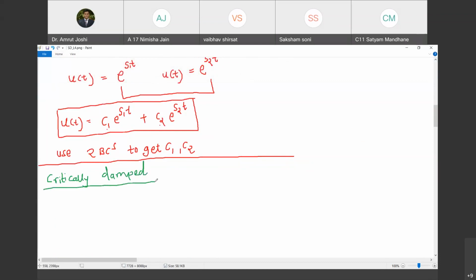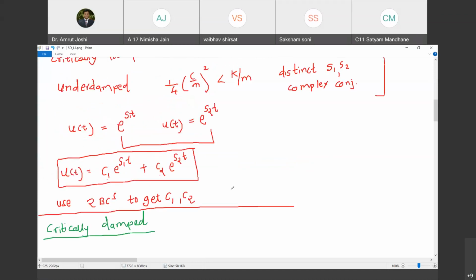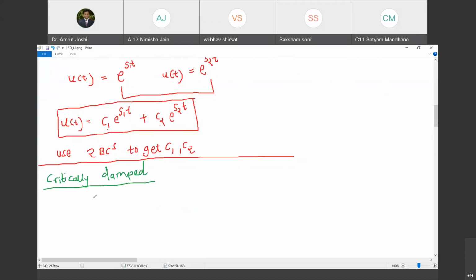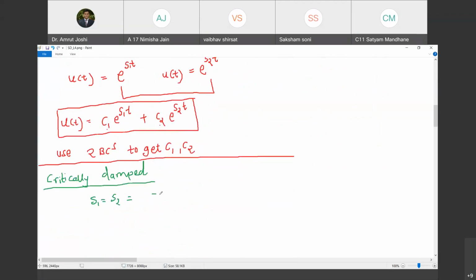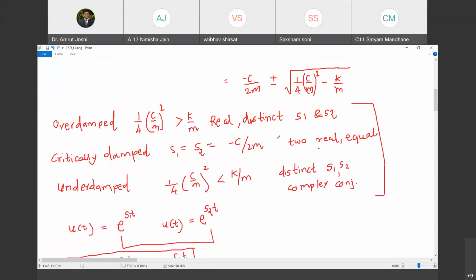Yes, sir. Yes, for this we now have to find out the solution. And now we run into trouble quickly, because in this case S1 is equal to S2 is equal to some value. What is that value? It is minus c upon 2m. Do you agree with me? Look, for a critically damped system you have two real but equal roots.